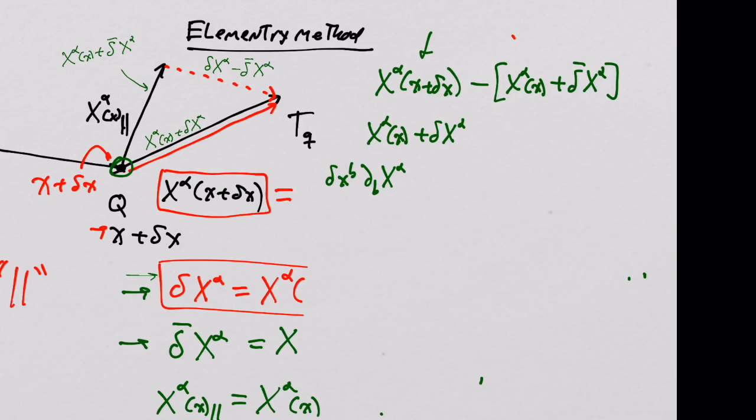And so that minus x alpha at x minus delta x alpha ends up equaling delta x alpha minus delta bar x alpha. Now, this difference is the difference between this vector here and that vector here, which obviously I just solved again to be that.